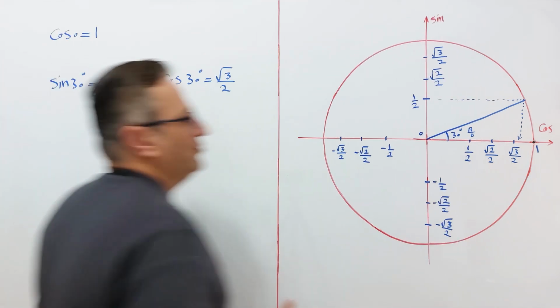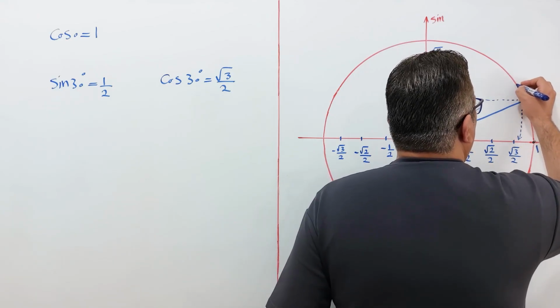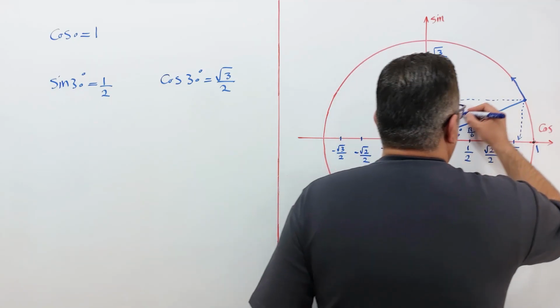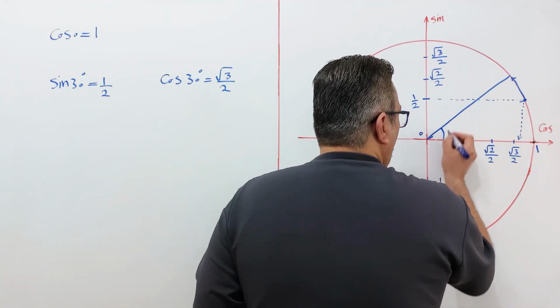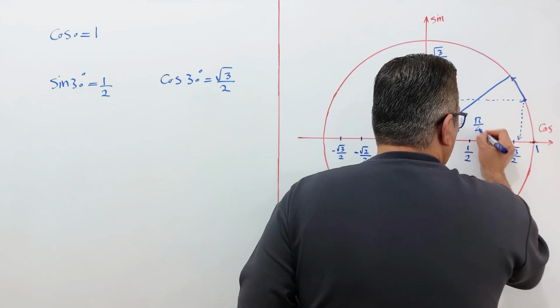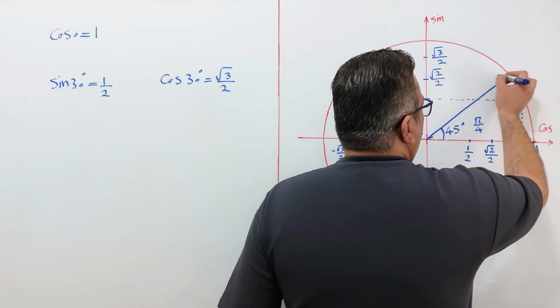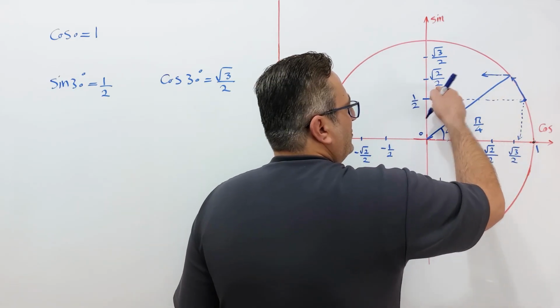Let's continue moving from here and you reach 45 degrees or pi over 4. If you look at the sine axis, you see the square root of 2 over 2.